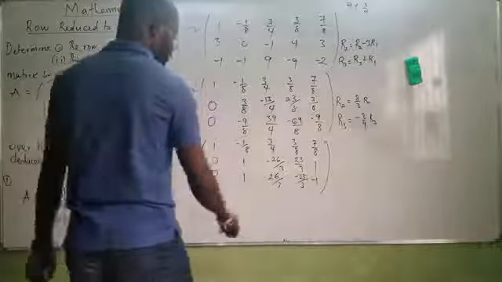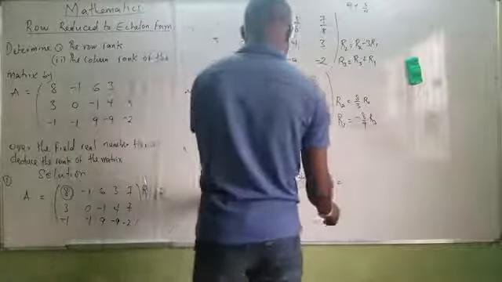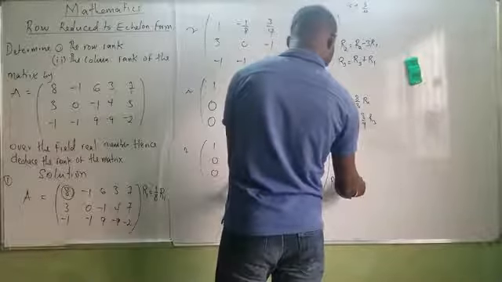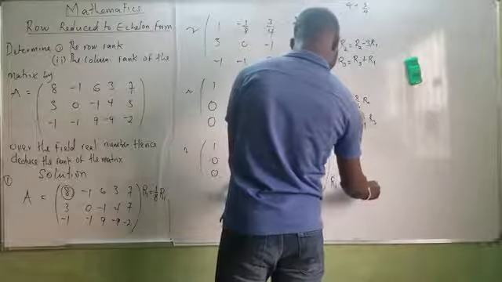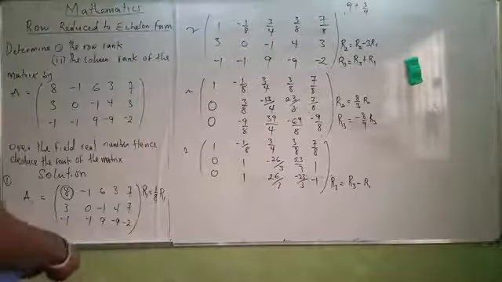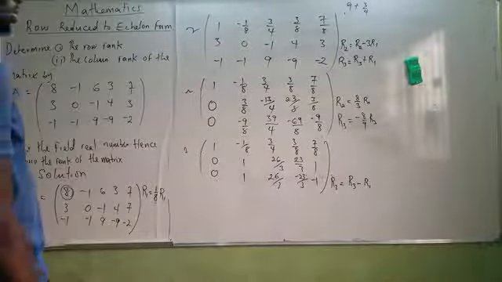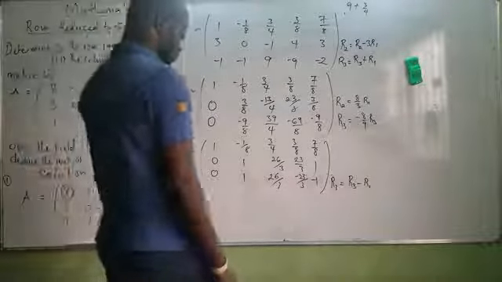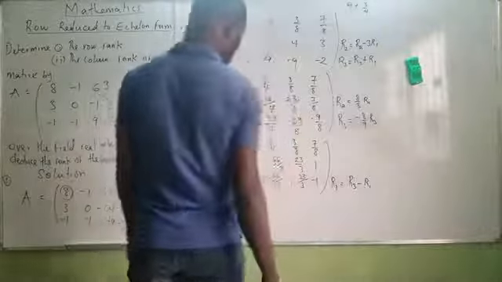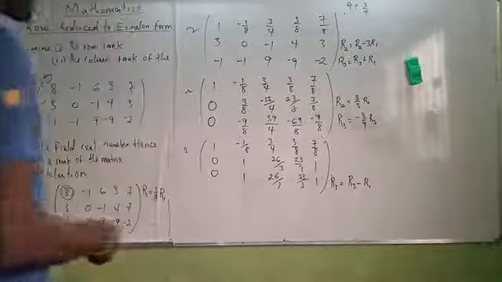Can you see now? I can answer that my row 3 equals row 3 minus row 1. This is plus, sorry. This is plus. Row 3 minus row 1, which is going to be, yes, this is minus. Okay, I think that is what I'm having there.